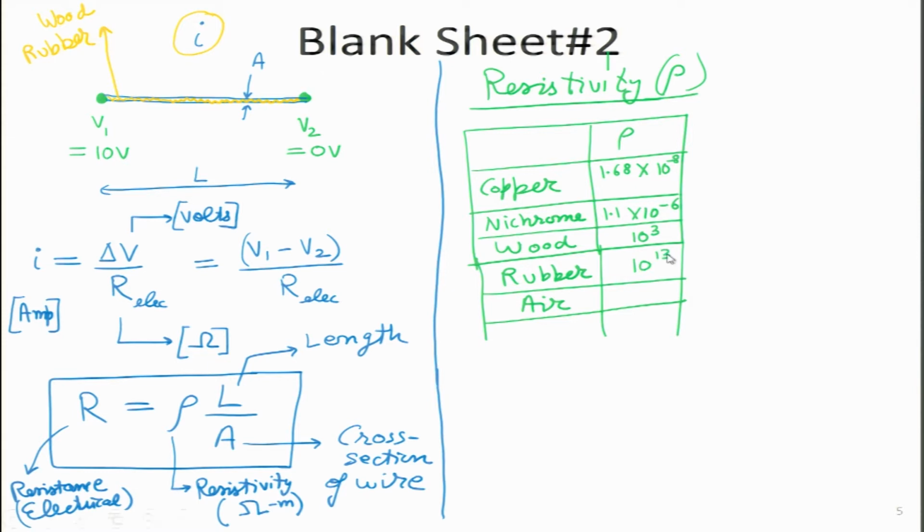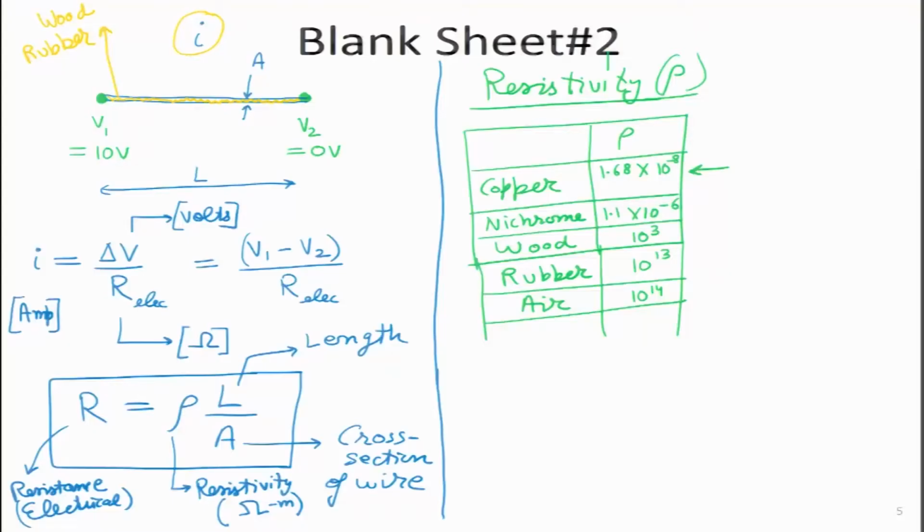Then rubber becomes 10 to the power 13. So, I am just writing the order of magnitude, and air is 10 to the power 14. So, of course, this is one of the best conducting materials along with silver and gold and aluminum. These are all materials which can be used for electrical conducting purposes, and interestingly they are all also very good thermal conductors.